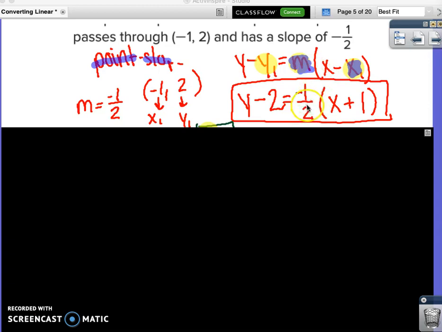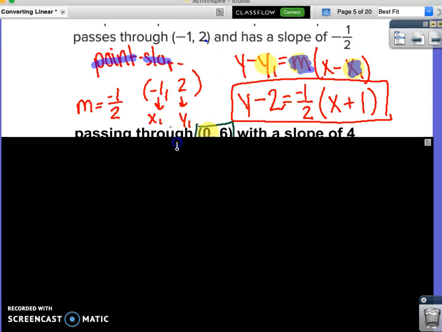It's going to now be negative 1/2. Y minus whatever the y is here. So y minus 2, and then x minus a negative. So minus a negative turns into adding. So x plus 1. If you had it like x minus a negative 1, I don't necessarily think that would be counted wrong, but you should change it to adding a positive.